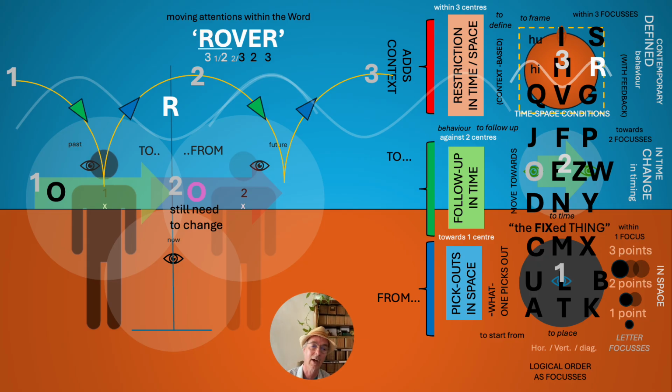So O is, I'm going to have a distance, have a look at what I can change, what I need to change. I'm having a first glimpse of what is going to change. With R and O, it goes immediately to the second position of O, which it doesn't know yet. So the need to change towards the second position, the change itself is more apparent, gets more attention.